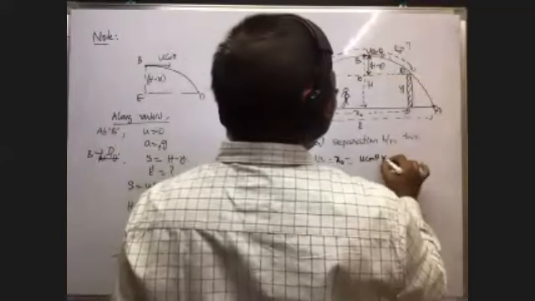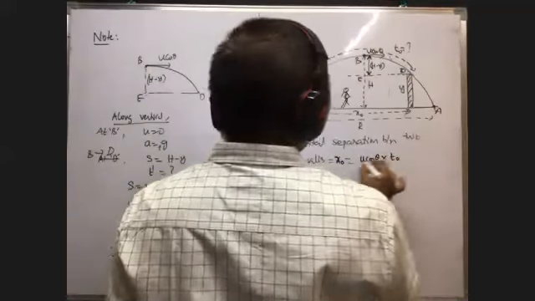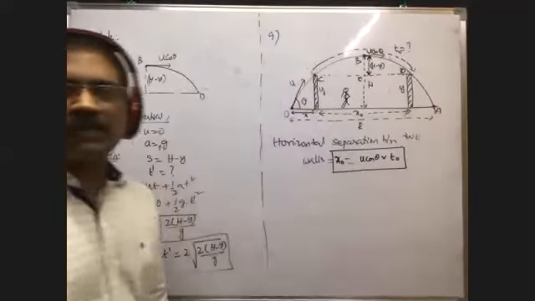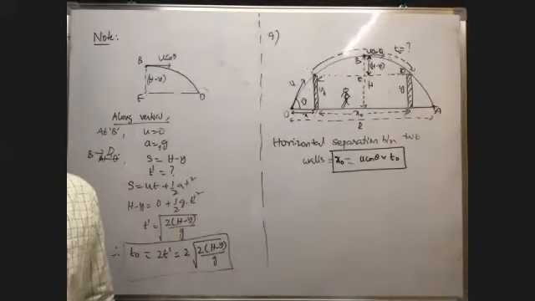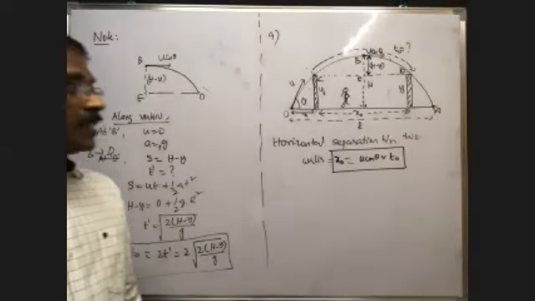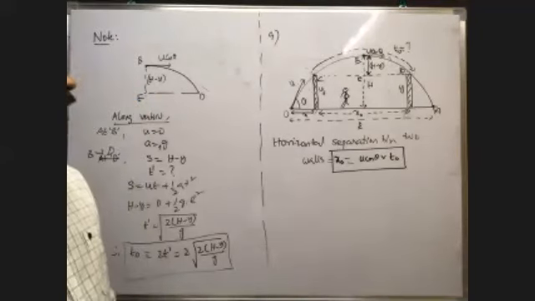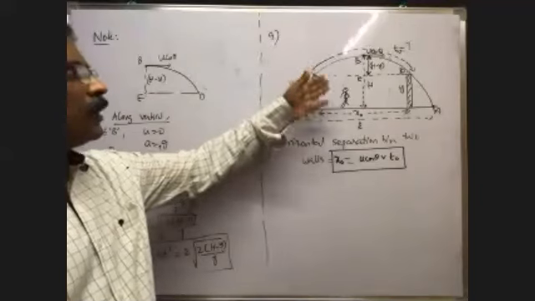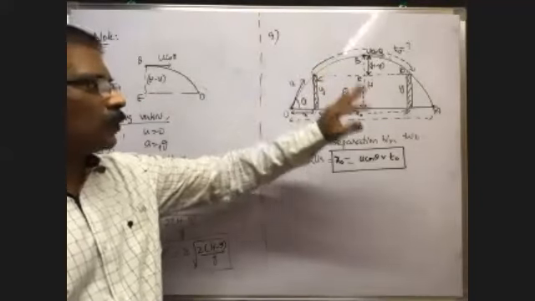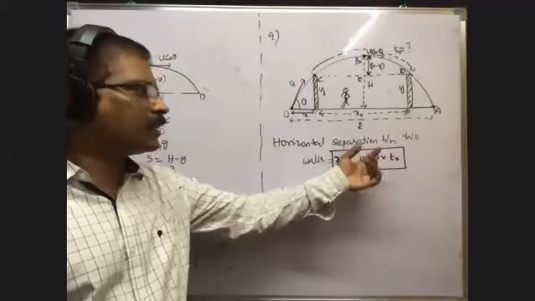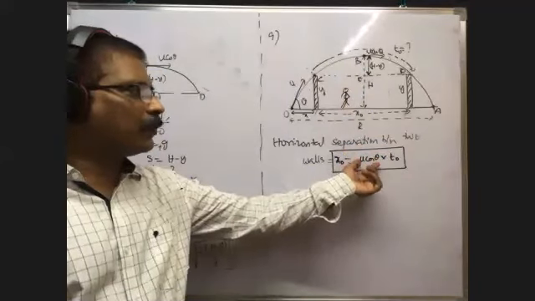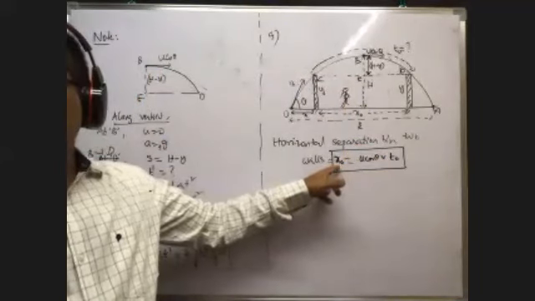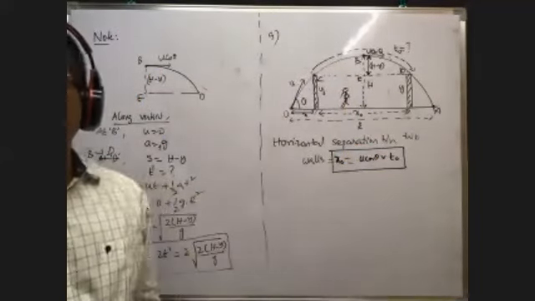That means u cos theta into t naught. This is the horizontal distance traveled, which is equal to the horizontal distance between the two walls. In this way, we can calculate.